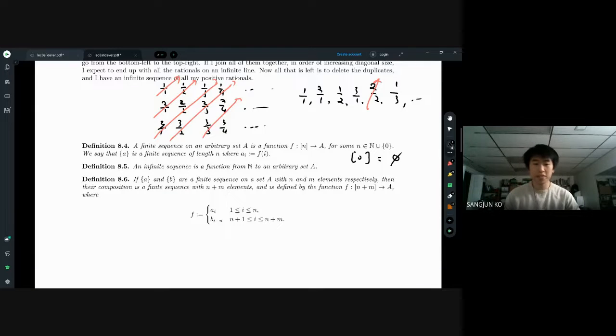We say A is a finite sequence of length n, where a sub i is equal to f of i. An infinite sequence, as I think we said before, is a function from the naturals to an arbitrary set A.